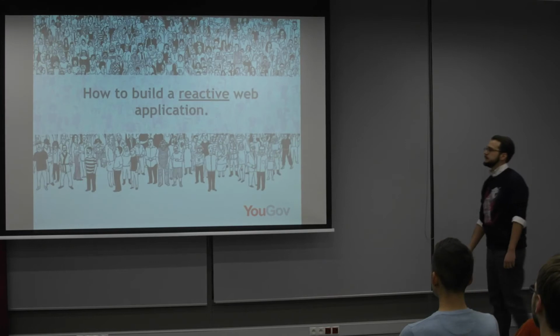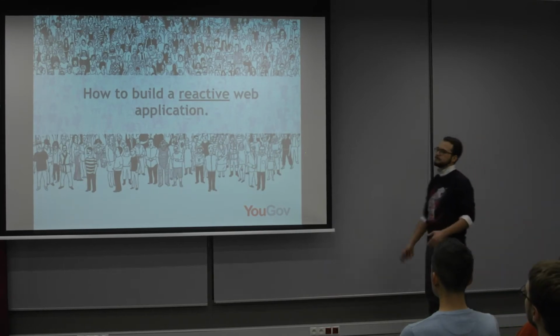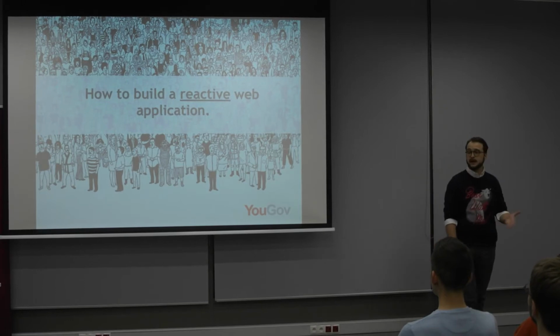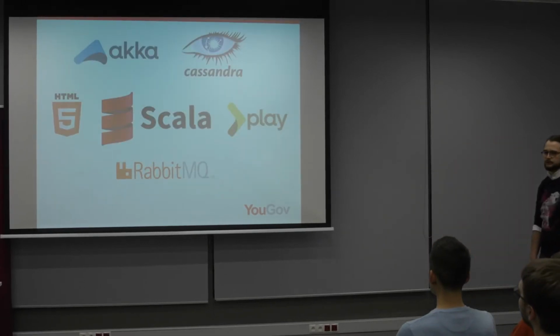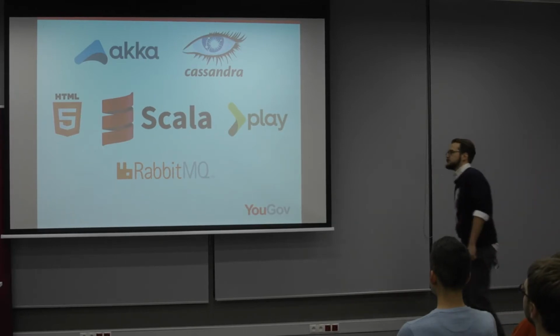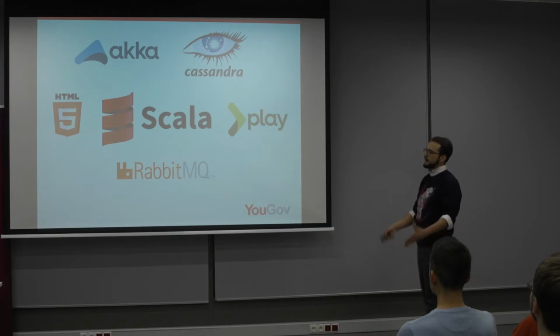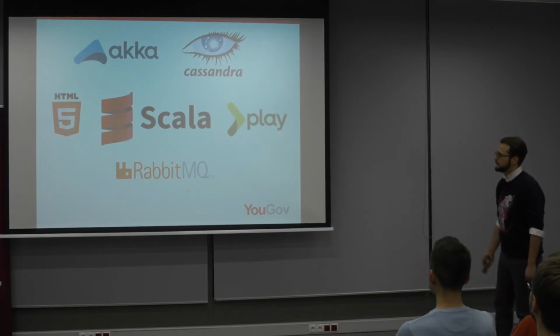We will be talking about how to actually make a reactive web application here using Scala, obviously, but also some other technologies. Each one of those technologies is about everything that the reactive manifesto is about.